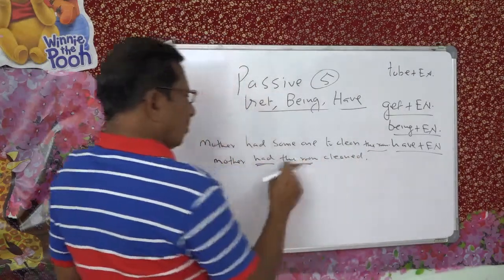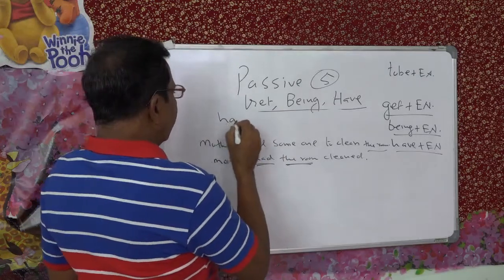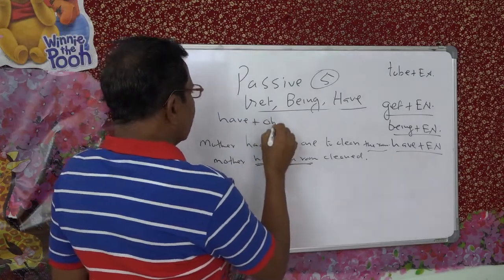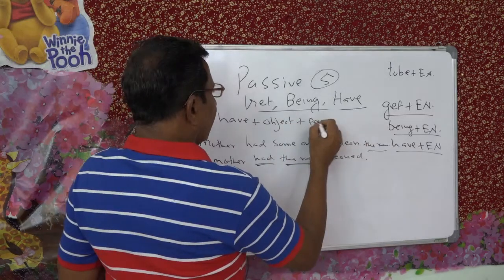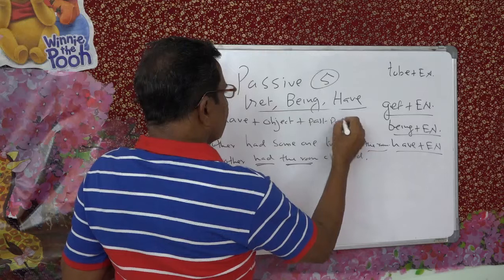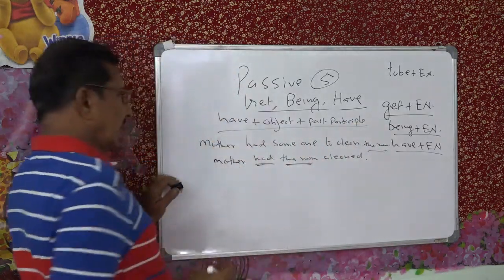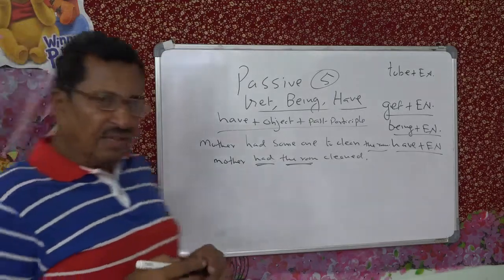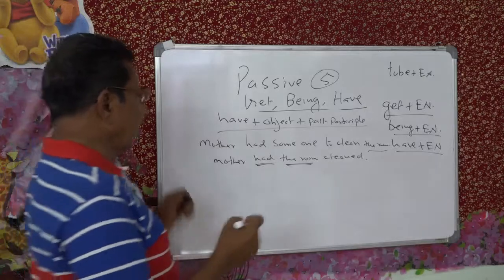The object of clean is the room. So the word order will be have plus object plus past participle. That should be the order here. Have something done. That is the form.